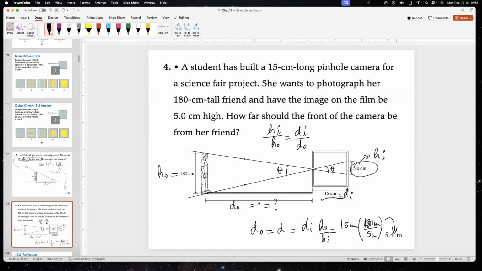So be careful here, because I had centimeter divided by centimeter, no problem. But your final answer basically will be 540 centimeters, which then you can translate into meters as 5.4. Okay, and be careful with the units. Just make sure you stick to the same units everywhere, and then there's no problem. If you wanted to give your final answer in centimeters, you could, no problem.